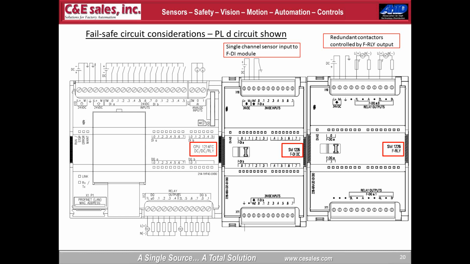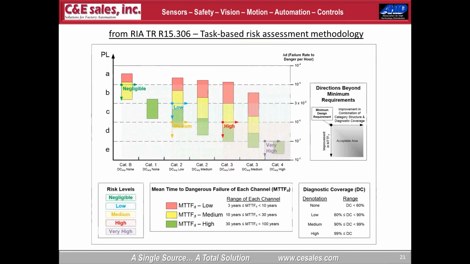However, because it's only a single channel on the input, the category of this entire circuit is at best a category 2 circuit. If we look at our performance level chart, in a category 2 arrangement, I could only use this really if I had identified my risks as being of a medium value.